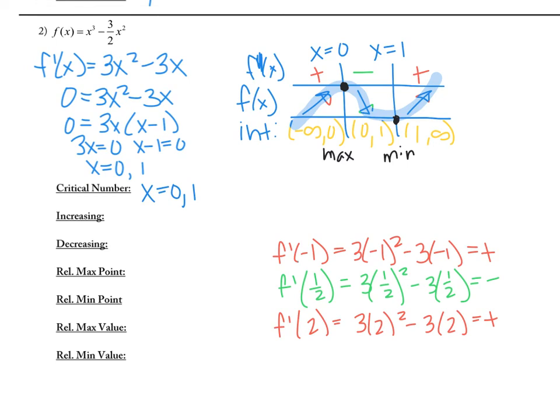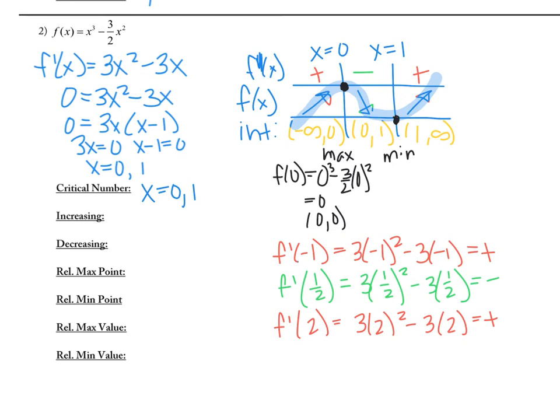So I need to take 0 and plug it back into the original function because that is where the maximum occurs, on the original f of x. So I get 0 minus 3/2 times 0 squared, and that just gives me 0. So the relative maximum is going to occur at 0, 0.